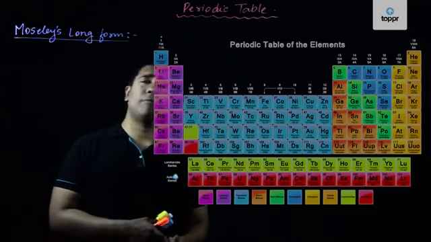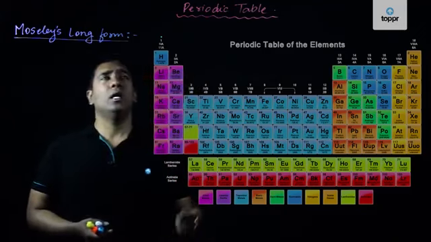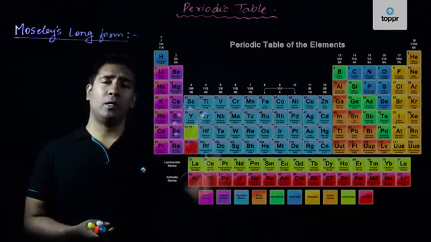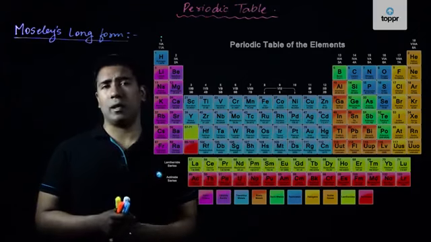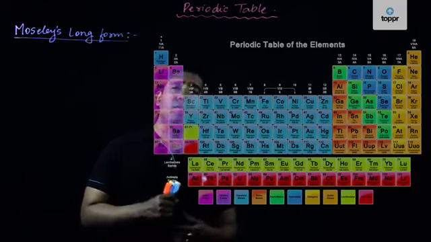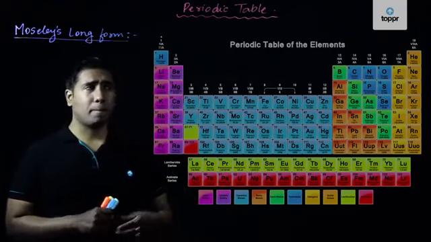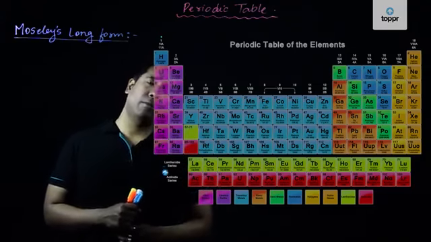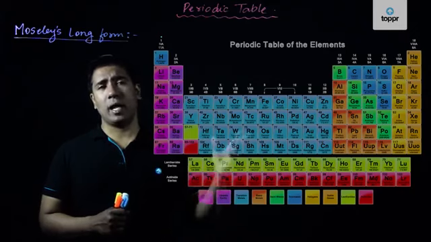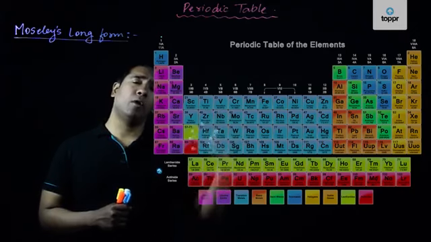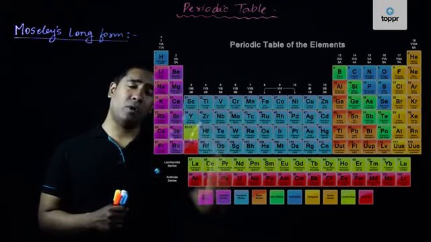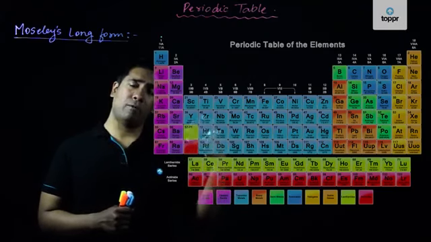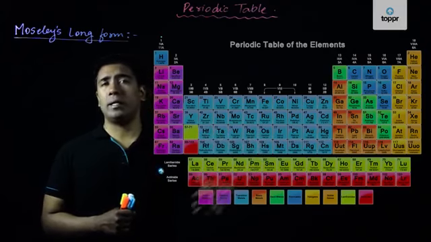In Mendeleev's periodic table, as we have already seen, the naming was done in Roman numerals, wherein we started with 0 and then Roman numbers 1, 2, 3, 4, 5, 6, 7 were written down. Earlier, the long form of the periodic table was also written in Roman numbers, wherein we had 0 group elements, then 1A, 2A, 3A till 7A, and then B group elements, wherein we have 1B, 2B, 3B till 8B.